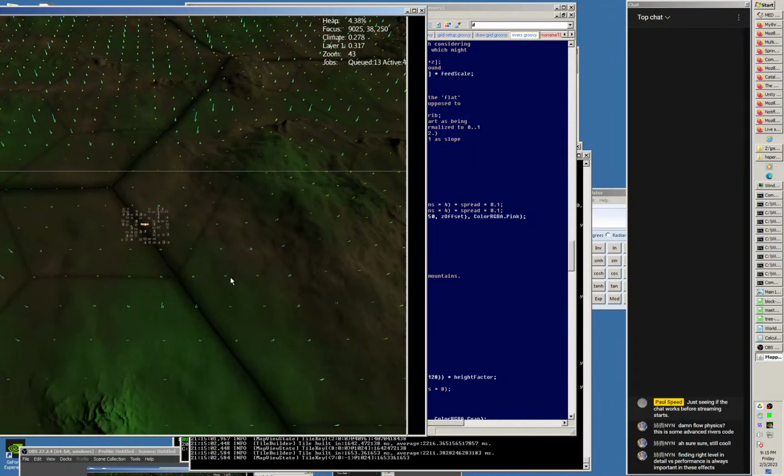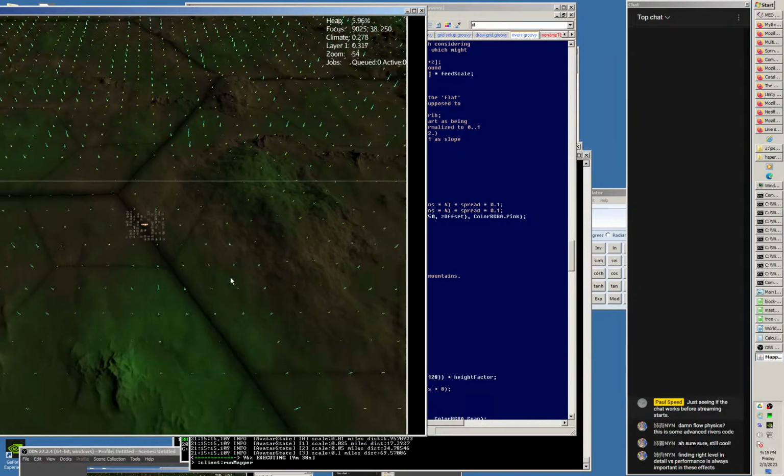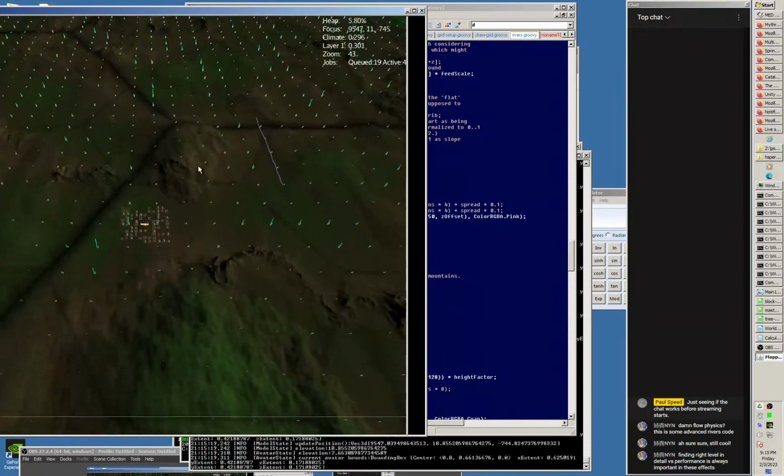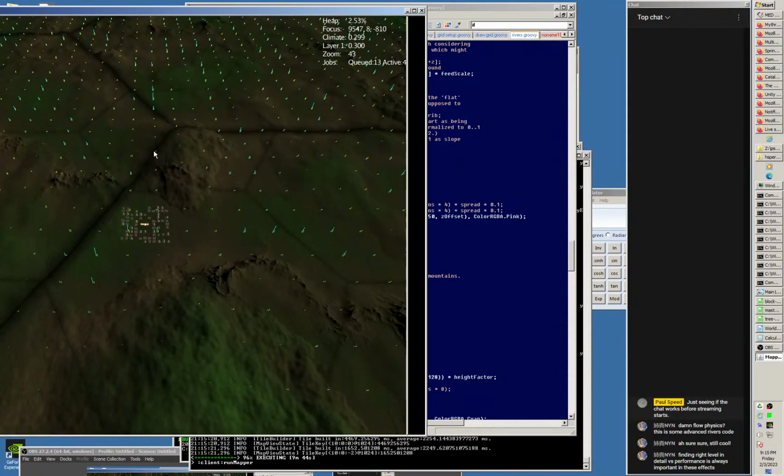Finding the right level, yeah. And the thing is, if I use a lower level of detail, then I potentially get more interesting terrain in the end. For example, if my samples were even wider and it says, hey, this river can actually flow from here to here right through this mountain, then the river algorithm just has to take into account that it has to carve a gorge there.